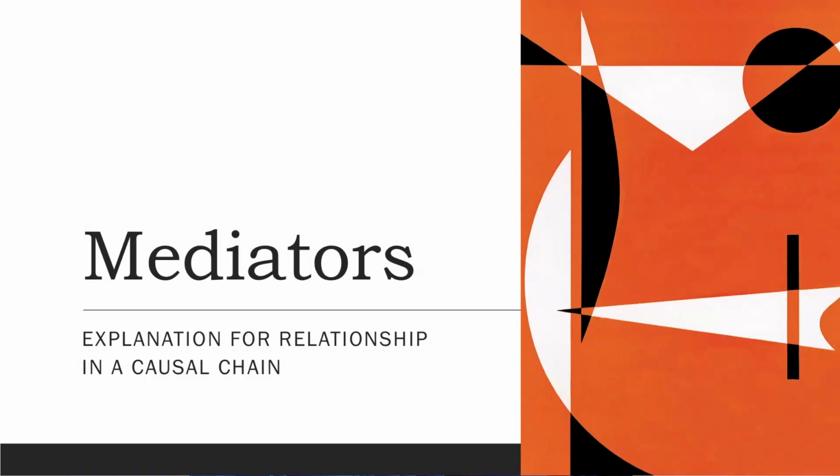In the most recent video series, I looked at moderators and interaction. That is, looking at how one variable could actually influence the effect of another explanatory variable on the response variable.